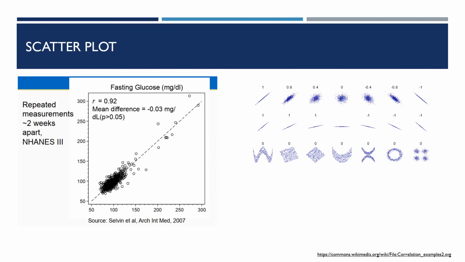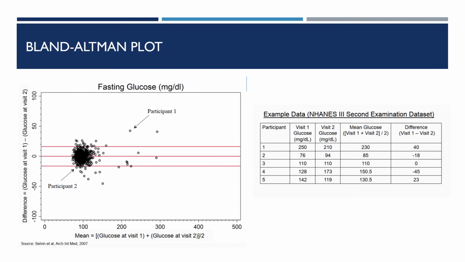Scatterplot is a very useful measurement to evaluate the validity and reliability of two continuous measurements, and it should always come with the correlation coefficient. Another famous figure to show the validity and reliability of the test is the Bland-Altman plot. We plot the difference between two measurements against the mean of two measurements, and then we add a zero line and the two limits of agreement lines.